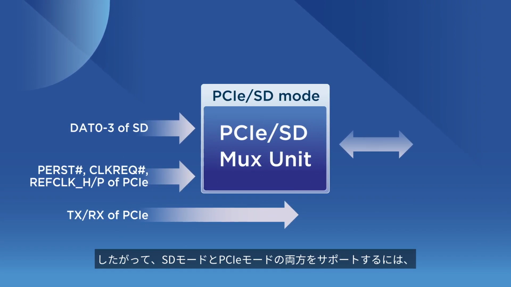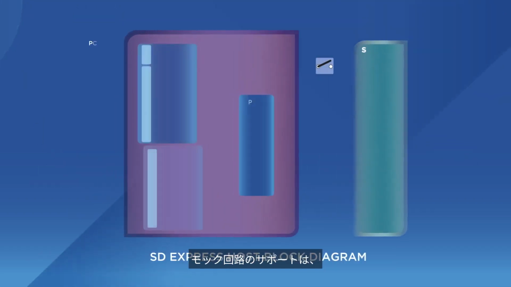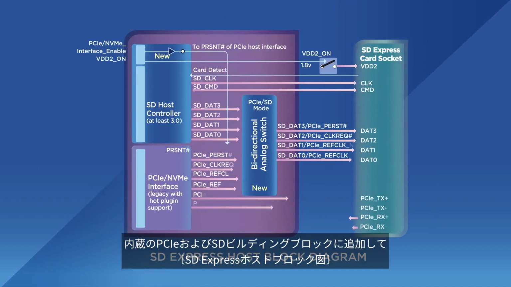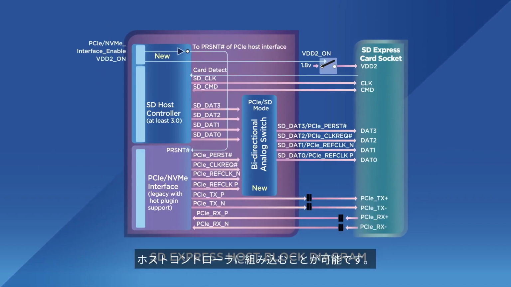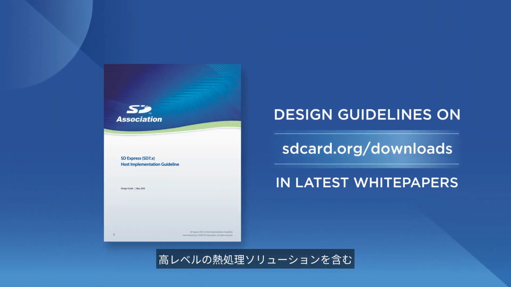Therefore, a MUX circuit needs to be supported on the host side to support both SD and PCIe modes. The support of the MUX circuit may be built into the host controller, adding to the built-in PCIe and SD building blocks.